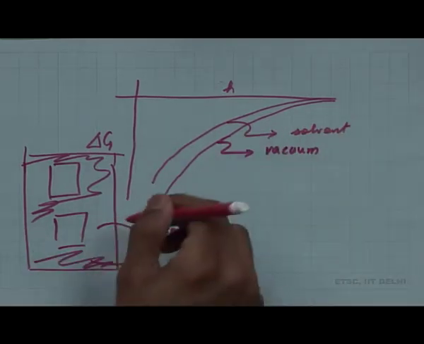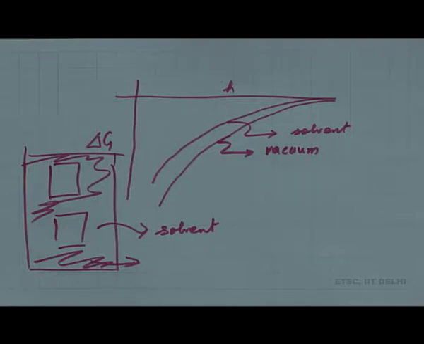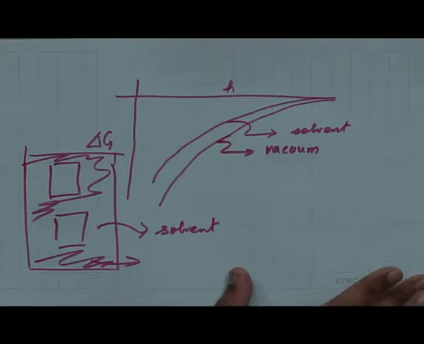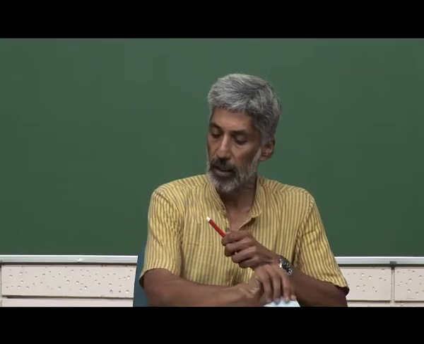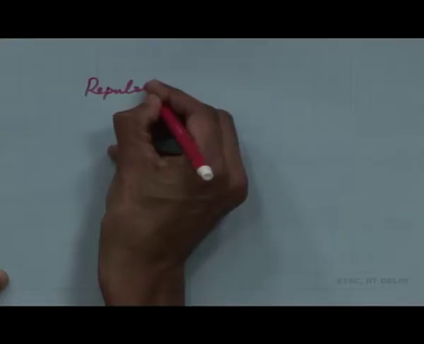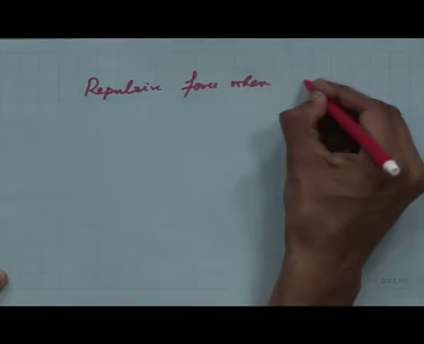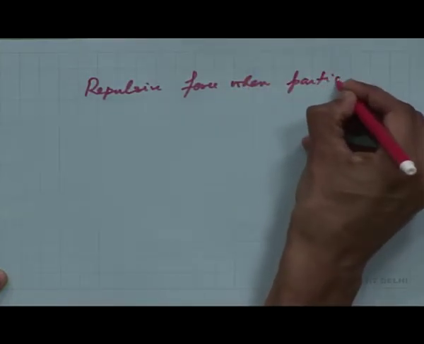From this picture it appears that naturally you would expect the two colloidal particles to come together, because that is energetically favorable. However, there is something else that happens. When you push these two particles together, there is also a repulsive force that exists when the particles come close together.